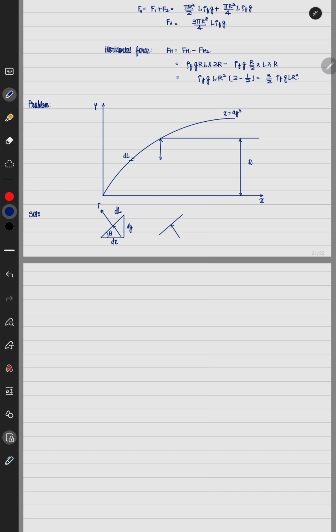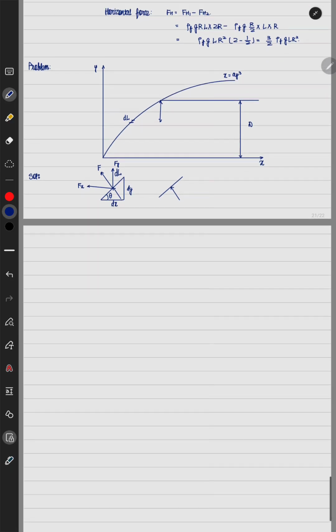This is the force acting at the element dl in the perpendicular direction, and the component of force in the vertical direction is given by Fy, and the component in the horizontal direction is given by Fx. This is Fx. So this is a small area, so the force is given by the differential of the force in the x and y directions. Now what is the dFx?